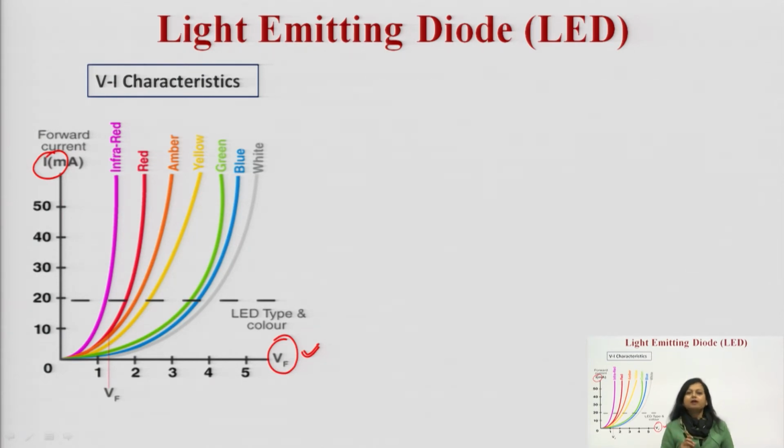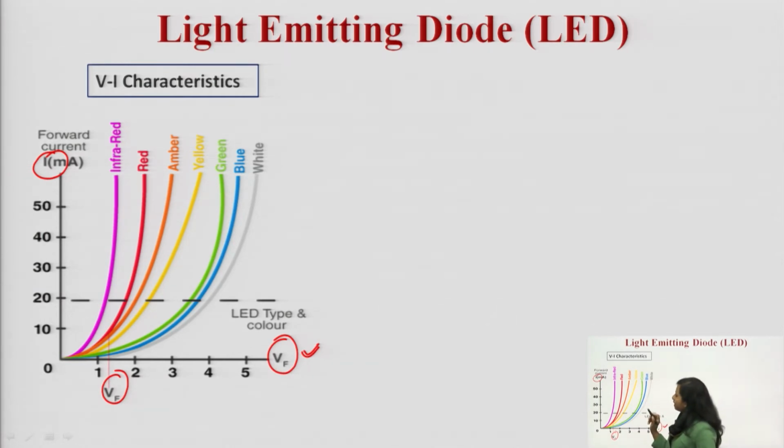Initially, a small amount of current will flow, but after a certain voltage. What is that certain voltage? Once the barrier potential is overcome, then there is a sudden rise in the current. Here you can see VF is the knee voltage, after which there is a sudden rise in the current.